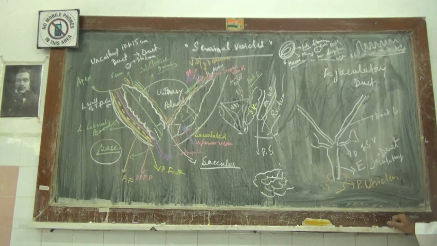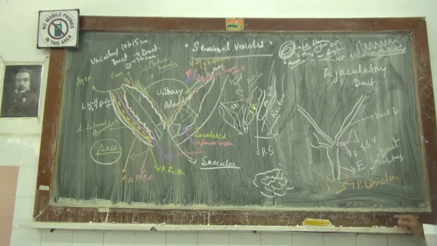Blood supply of the ejaculatory duct is by the inferior vesical arteries, the rectal arteries and even the prostatic arteries. Venous drainage is by the prostatic venous plexus partially, the inferior vesical veins and the middle rectal veins.